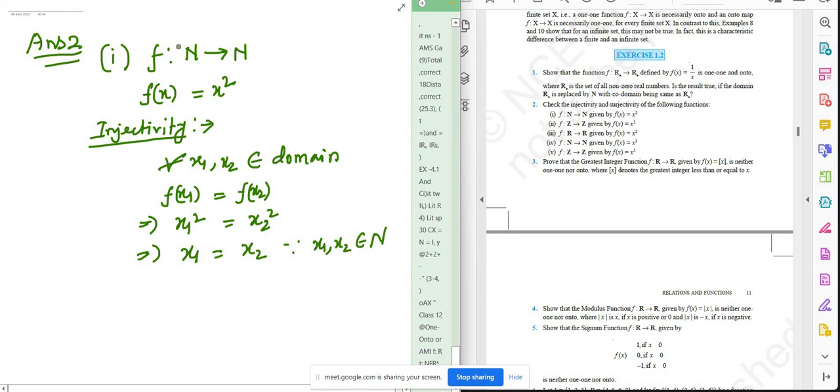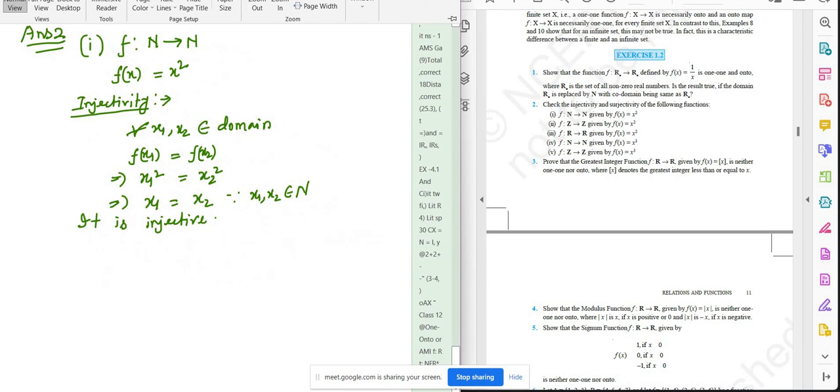Here if we change N to integers or real numbers, then the answer will be no, it will not be injective. But if it is natural number, distinct natural numbers give distinct images. So it is injective.